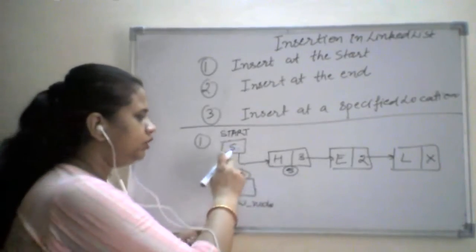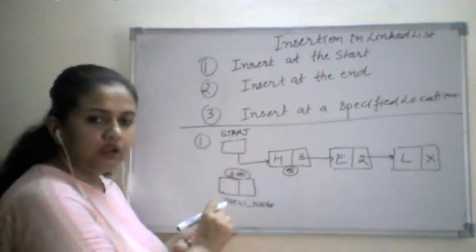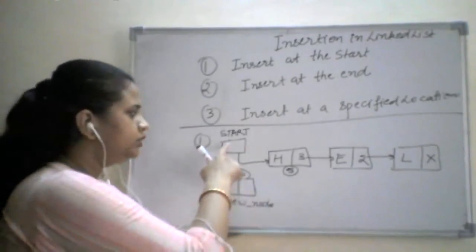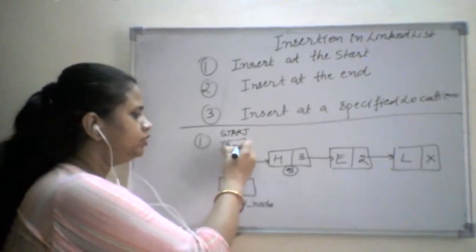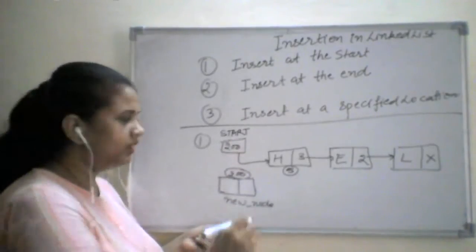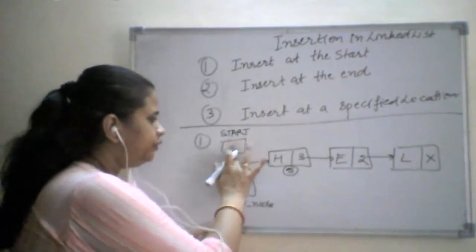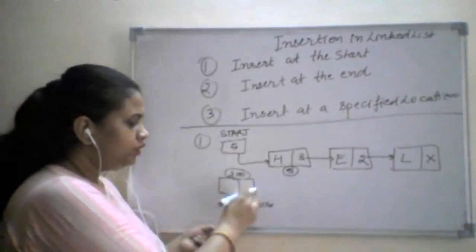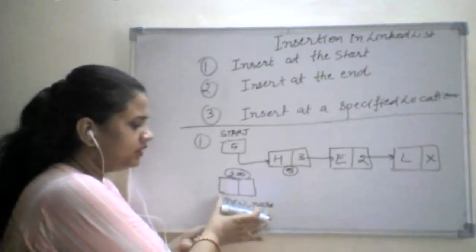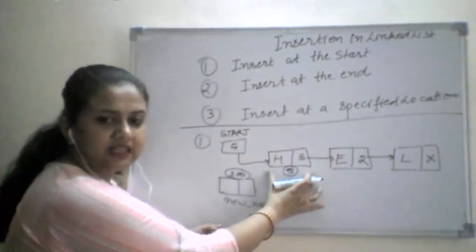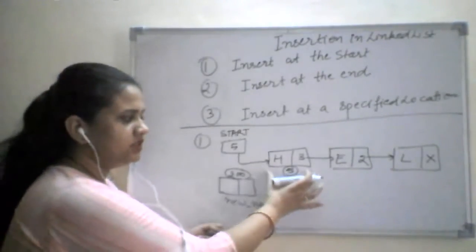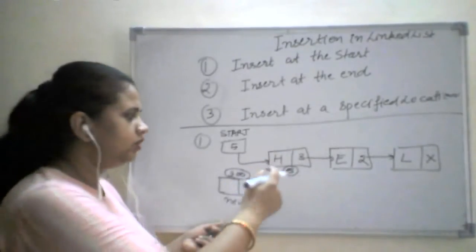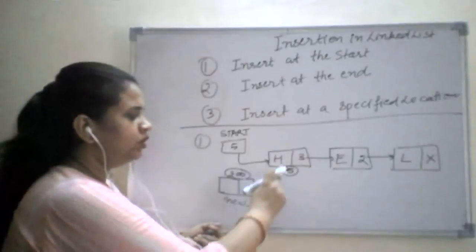So for that, I need to update it. But please be careful when you are trying to insert at the beginning. You cannot directly copy 200 here. No, you cannot do that directly. Before you copy that 200 in this, you need to link this new node with this second node also. After the insertion, this node which was earlier the first node will become your second node. So you need to link this node with this.